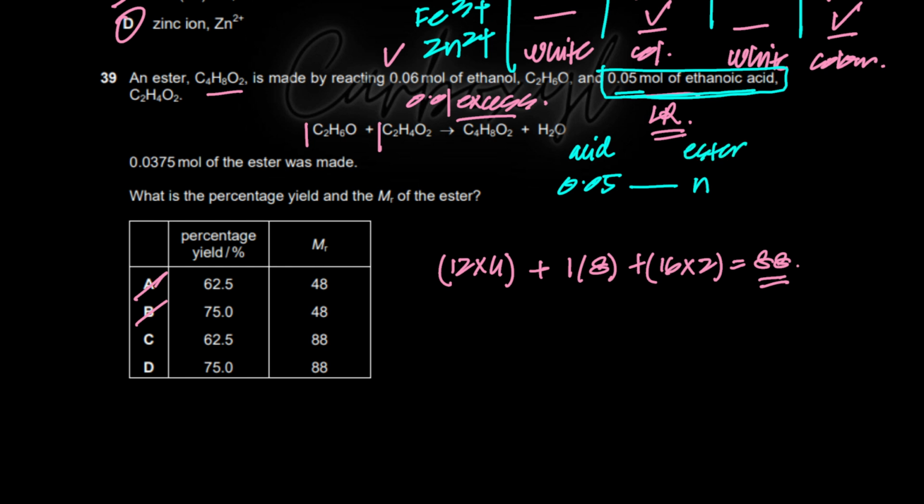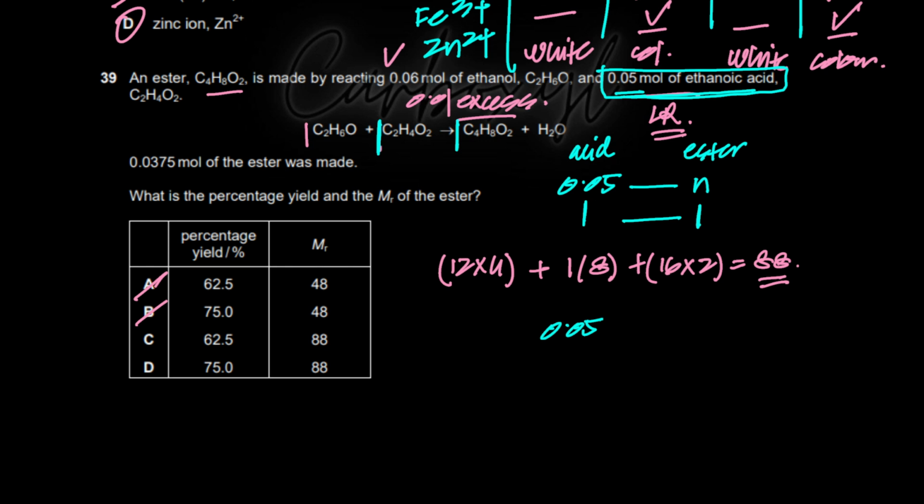For every 1 mole of acid, I end up with 1 mole of ester. So if I have 0.05 moles of this acid, how many moles of ester would I get? Obviously 0.05, pretty easy.